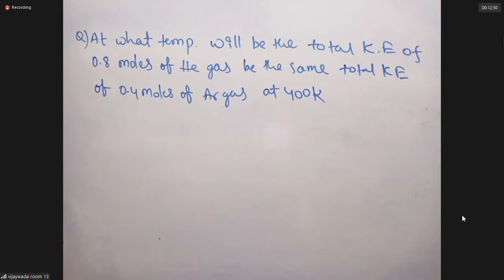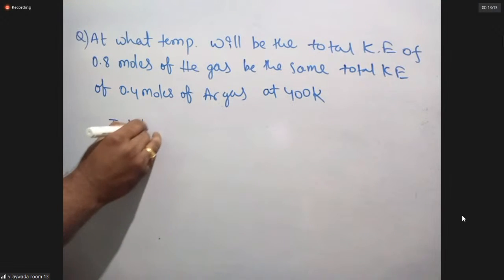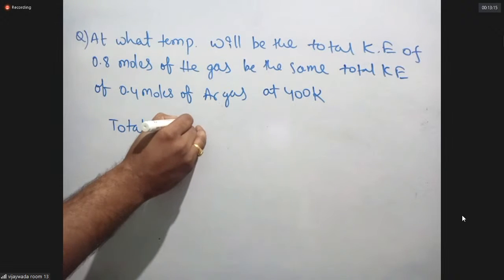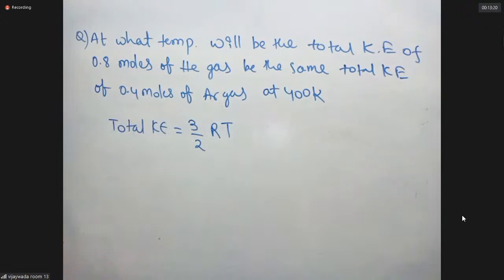Question: at what temperature will the total kinetic energy of 0.8 moles of helium gas be the same as the total kinetic energy of argon gas at 400 Kelvin? And we know the total kinetic energy formula. I have given the total kinetic energy formula, 3 by 2 RT. This is for 1 mole.